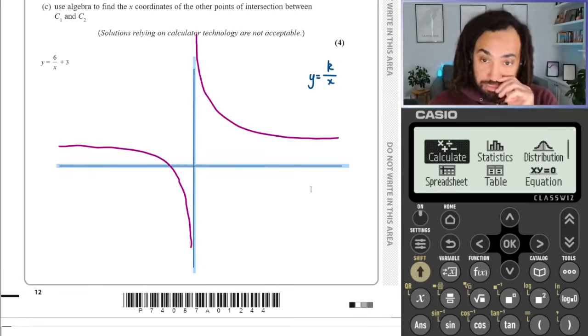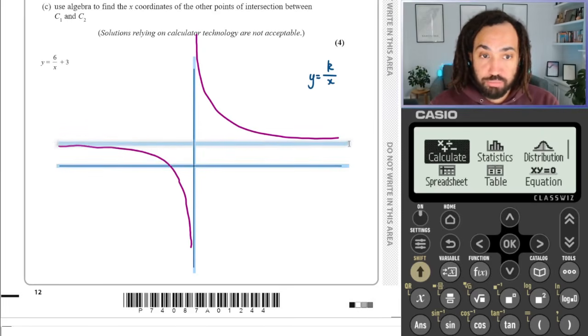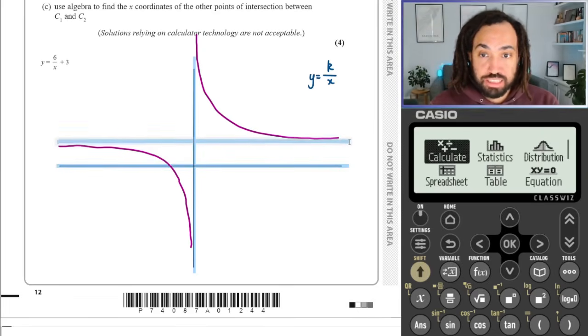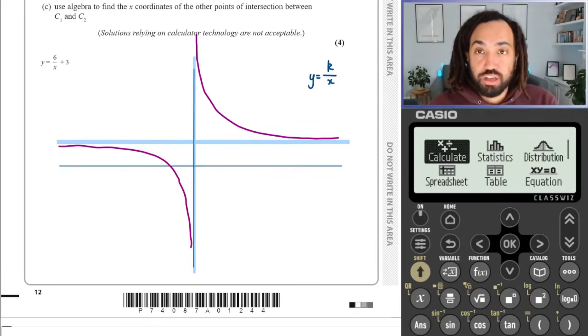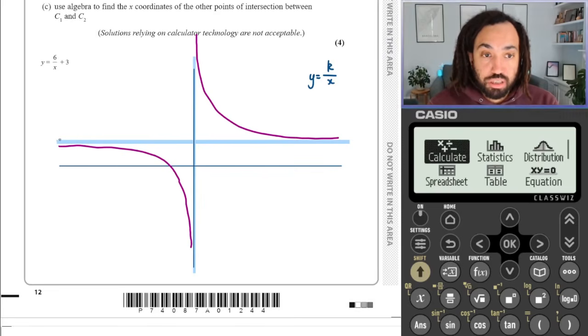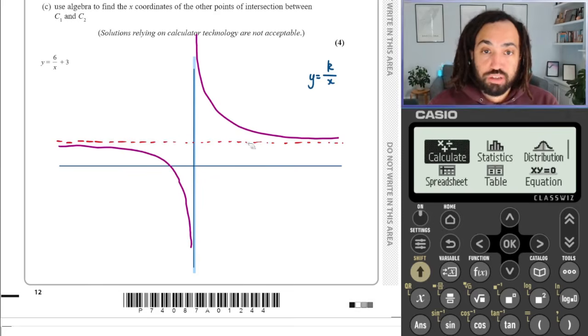And that also means that the asymptote is going to shift up by 3. So that is now the new asymptote, like that. For asymptotes we normally draw dotted lines, so I'll just draw a dotted line like this to represent the horizontal asymptote, like so.